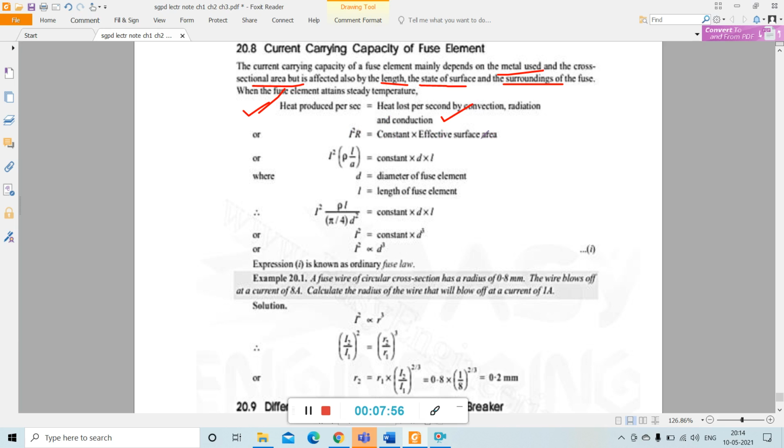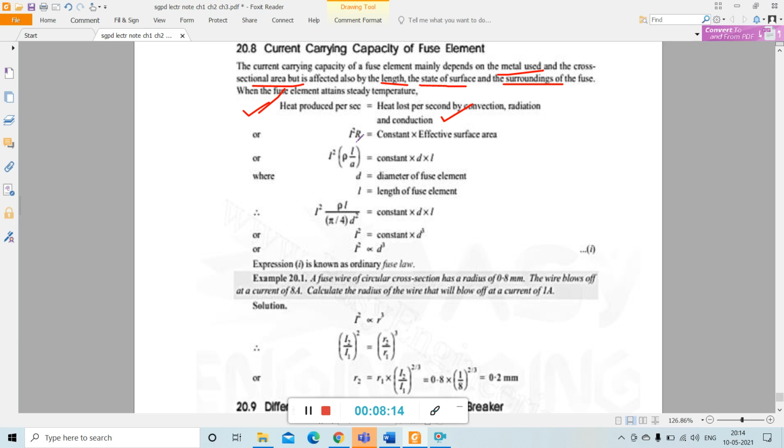It is a constant into effective surface area, because heat lost through convection, conduction, radiation, all these processes occur over a particular surface area. So this is constant into effective surface area.